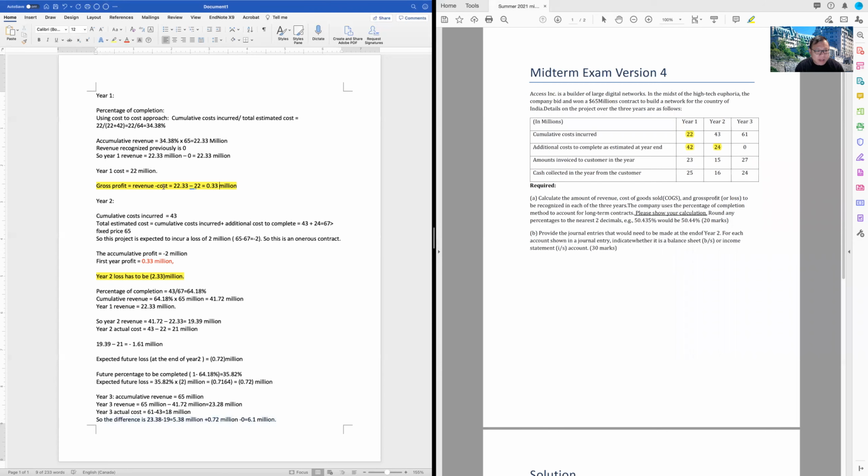By the end of year 2, that difference is a 2 million loss, but it should be a 4 million revenue. So therefore, in year 3, you have to have a $6 million revenue. But 6.1, so I think it's the rounding issues here.